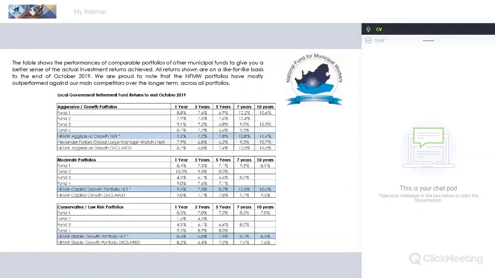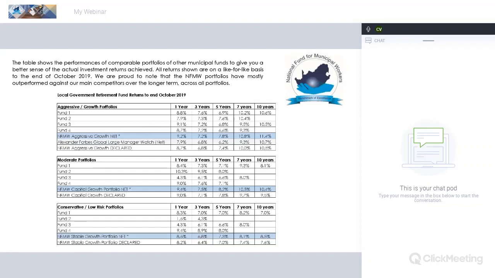However, what we can do is compare the NFMW fund returns to local government peers and make sure that the fund actually performs on par with other funds in the industry.